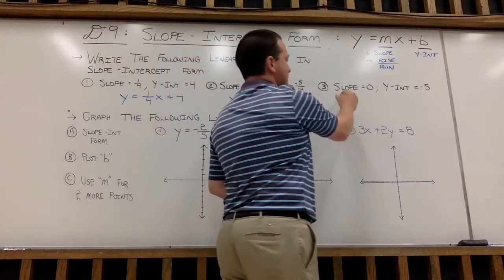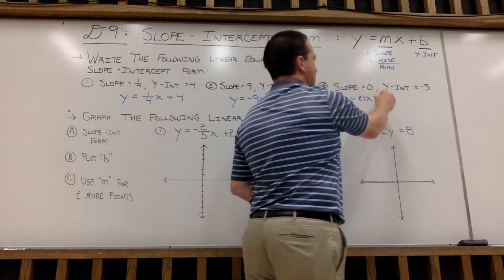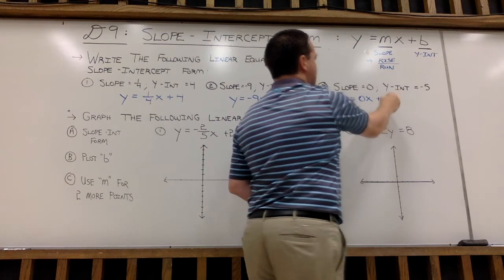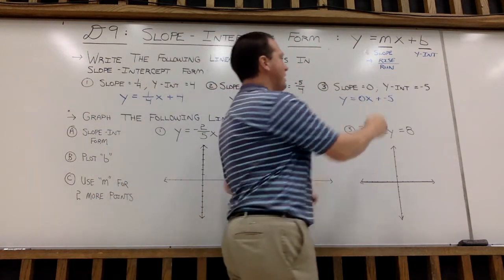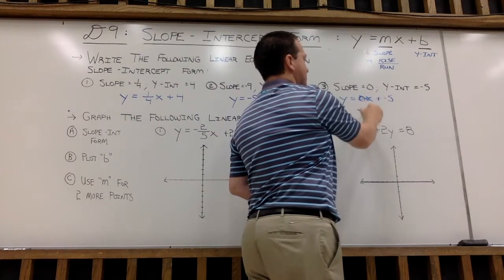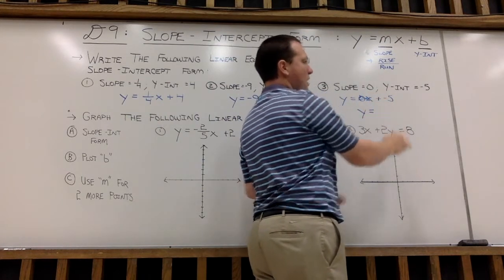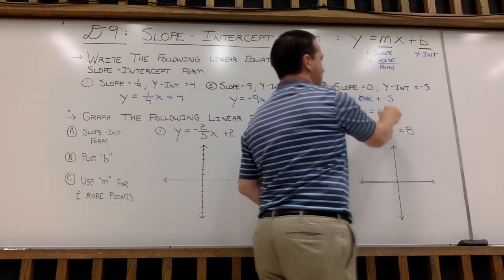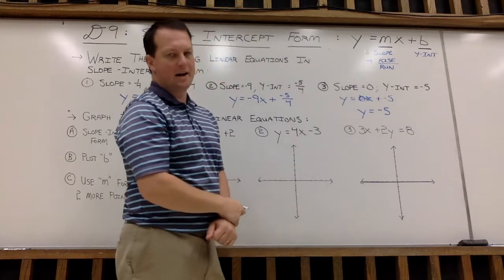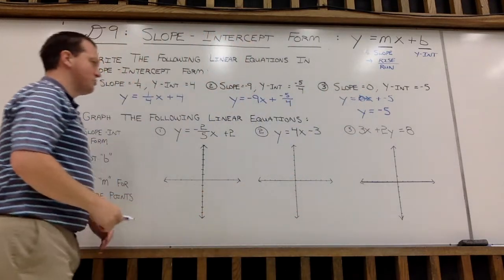Last example in this category, we have y equals 0x plus -5. You can definitely clean that up if you'd like. Y equals 0x is just the same as y equals no x's, means nothing's there, plus -5, or just y equals -5. Those two are synonymous, same meaning, equivalent values.